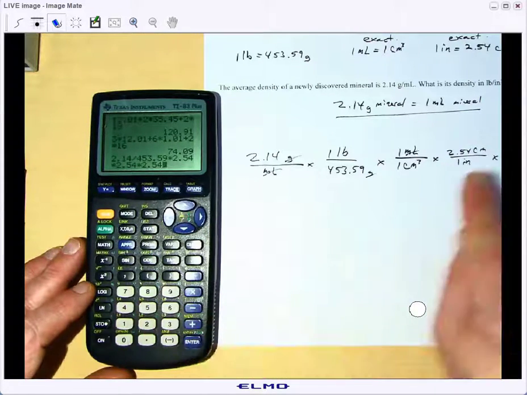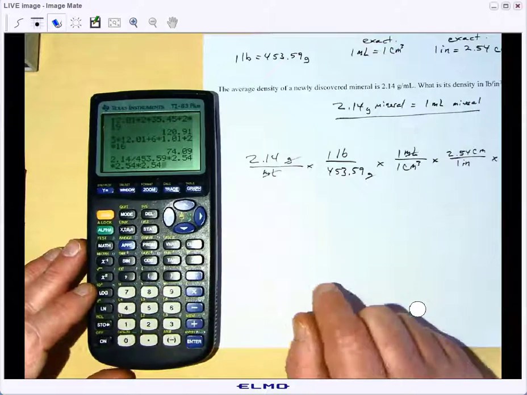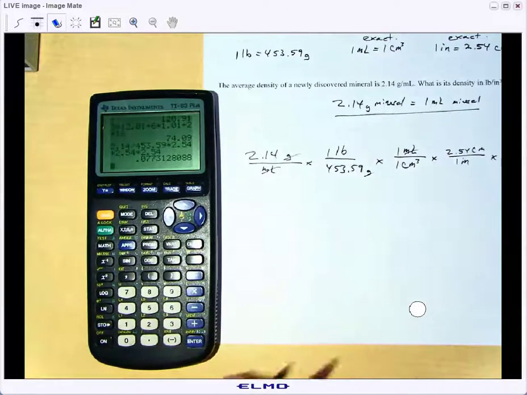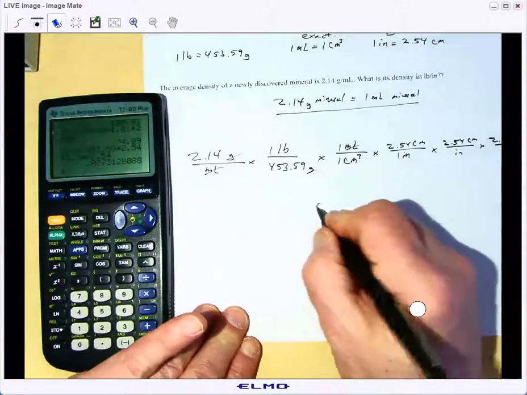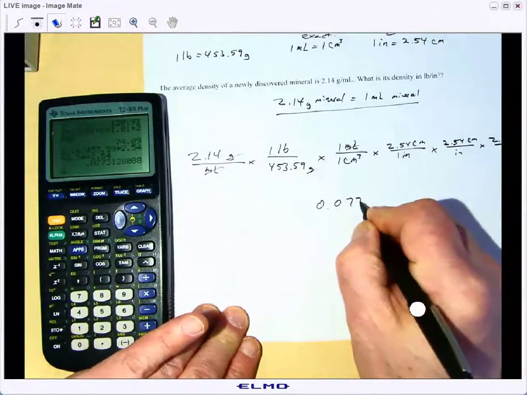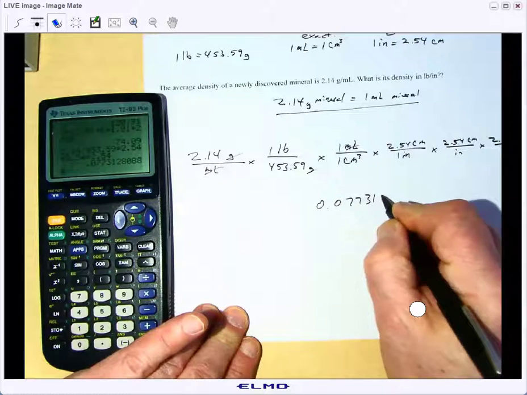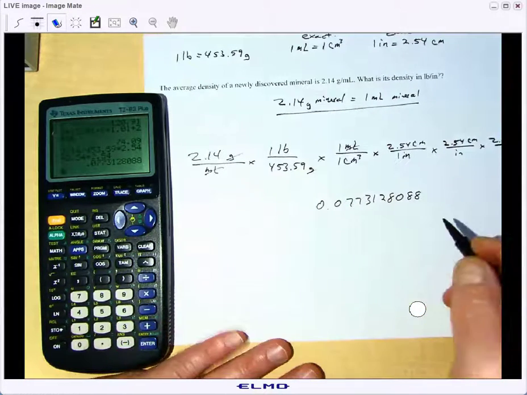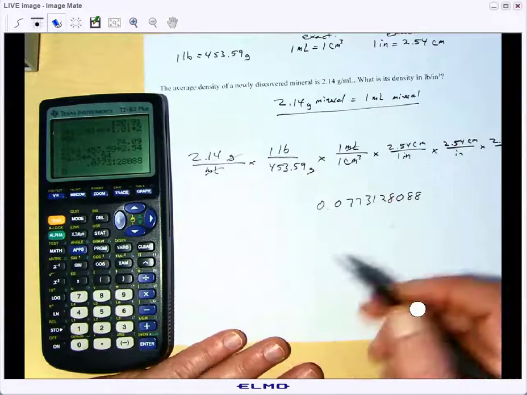Okay. In each case, these are all just ones, so they'll just cancel out. So push enter, and we get 0.077312888. Boy, that's a lot of digits, but that's what my calculator said, right?